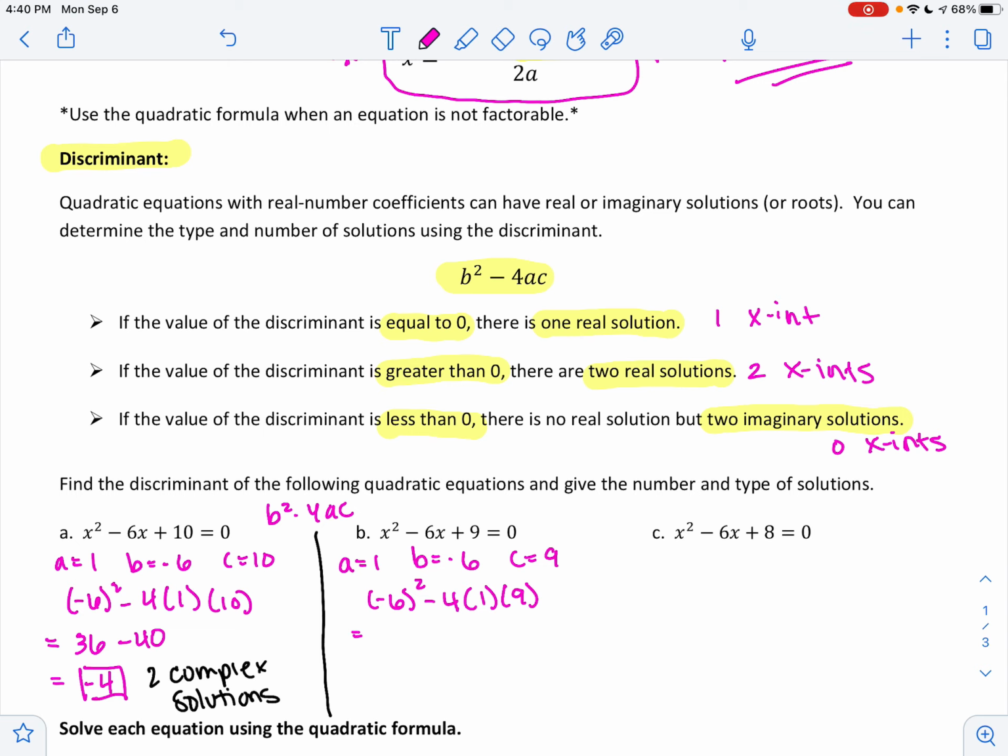Negative 6 squared is 36. Negative 4 times 1 times 9 is negative 36. 36 minus 36 is 0. So our discriminant is 0, and that means that when you get 0, you would have one real solution, or one x-intercept.